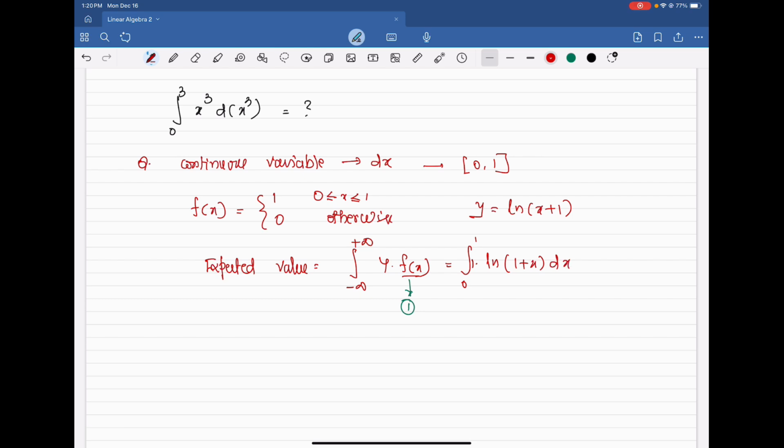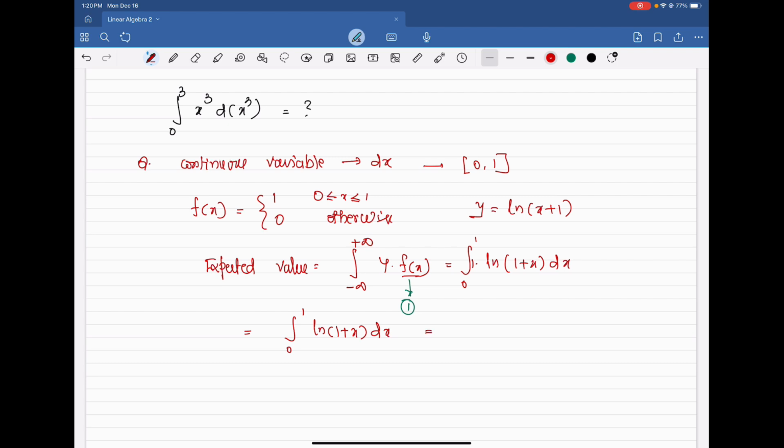That's all. This value is the integral from 0 to 1 of ln(1 plus x) dx.